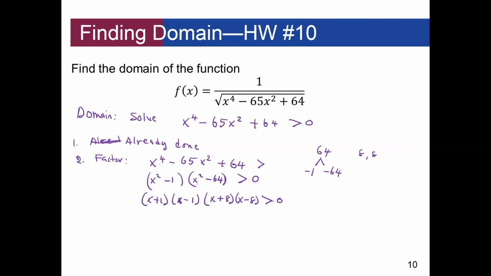So we factor this into that. What are our zeros? The zeros are, in this case, the same as what we later call cut points. The zeros from each of these factors are minus 8 from x plus 8, minus 1 from x plus 1, and then positive 1 and positive 8.